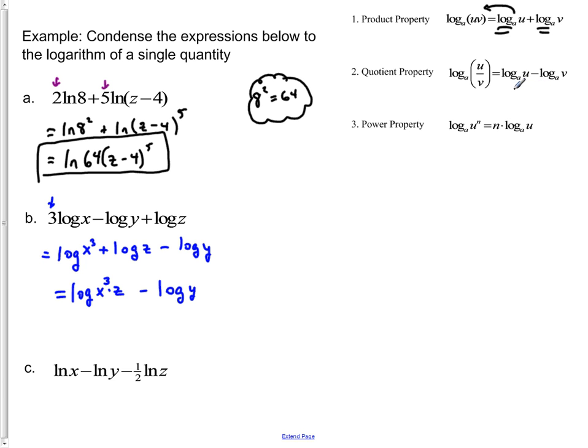Remember, it's a logarithm of u minus a logarithm of v, and you're going to combine these by using division. So this is going to become a logarithm of the quotient x cubed times z divided by y.